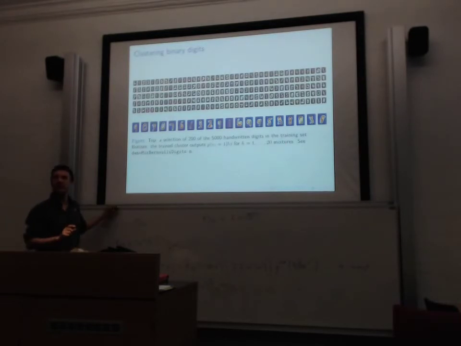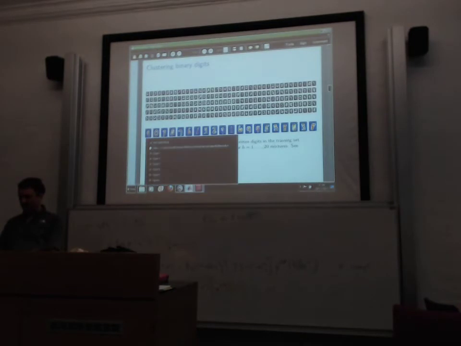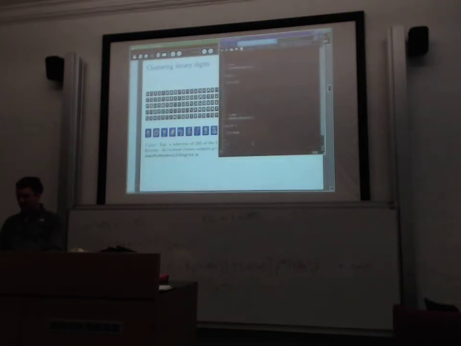So it would be nice to think that the algorithm will say, oh, this is a cluster for the zeros, this is a cluster for the ones, 2s up to 9. If we are lucky, that will happen. It may not happen. So we can run that, and it's a little bit slow, I'm afraid, on this little laptop.